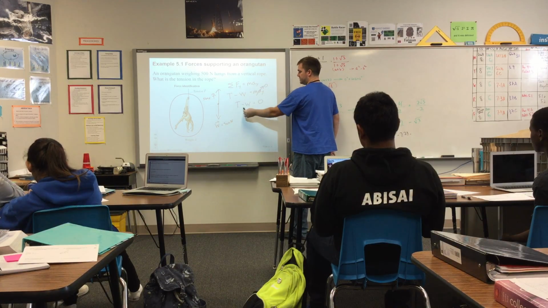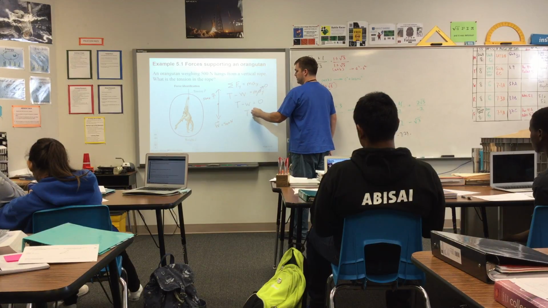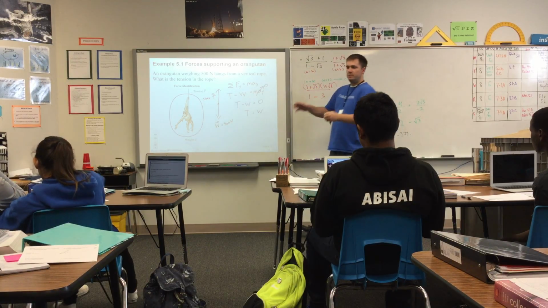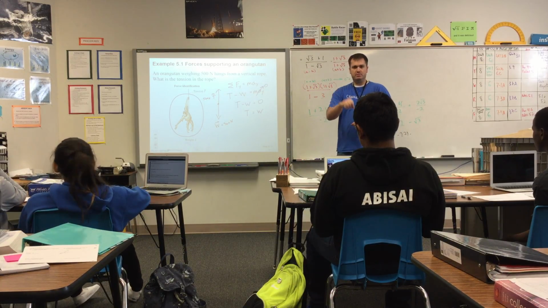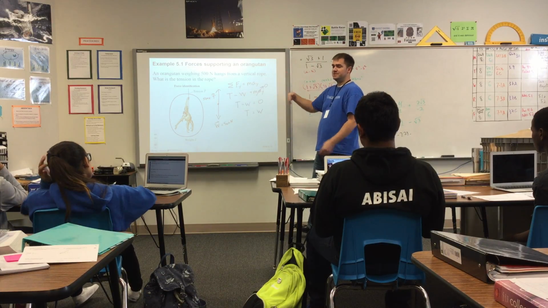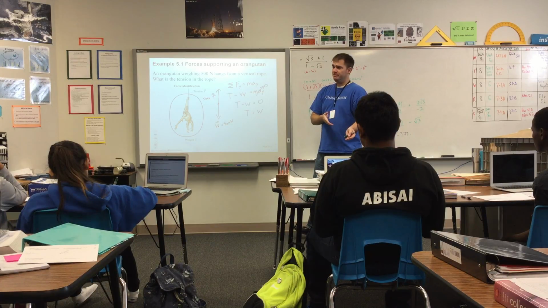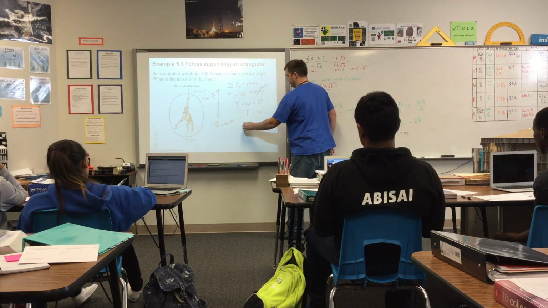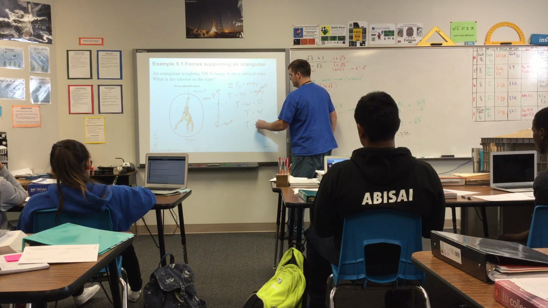If I'm solving for tension, I'm going to put weight on the other side. So tension equals weight. Once I have the quantity which I'm looking for isolated on one side, then I can do all my substitutions. In this case, my substitution is just one value, so it goes super fast. It's just 500 newtons.